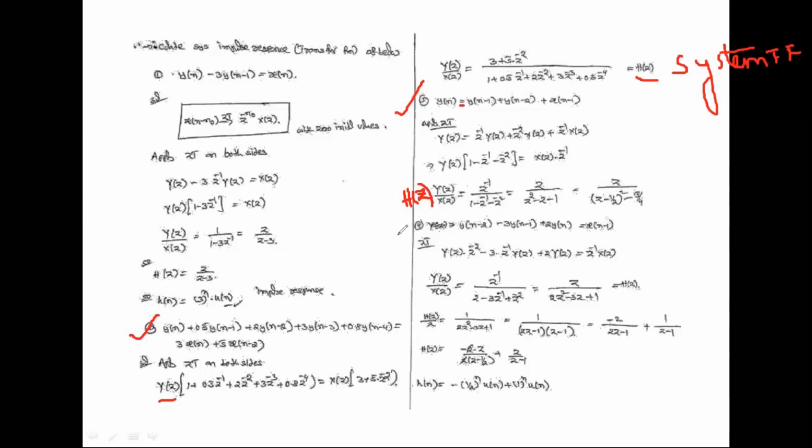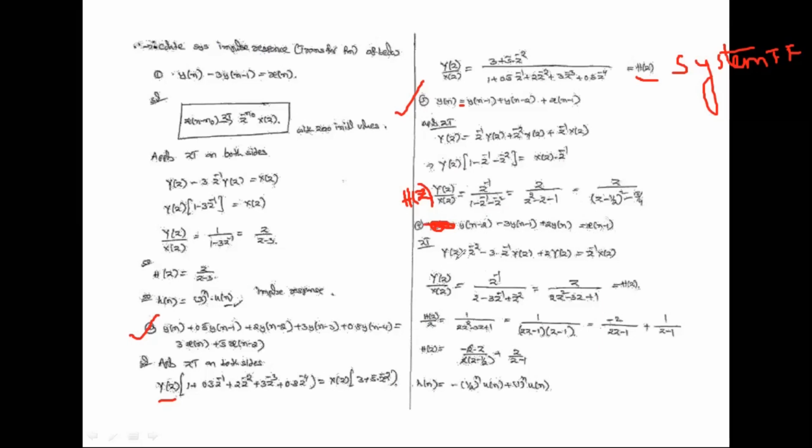And the next example, the fourth example: y of n minus 2 minus 3 into y of n minus 1 plus 2 into y of n is equal to x of n minus 1. Apply the z transformation for this.